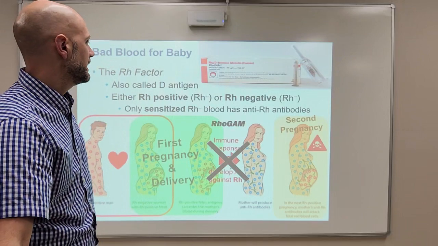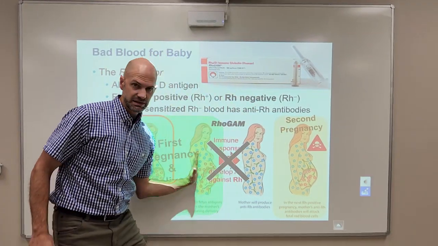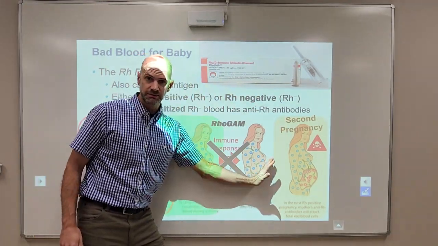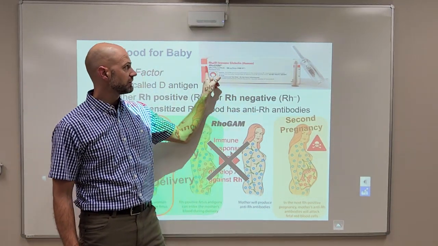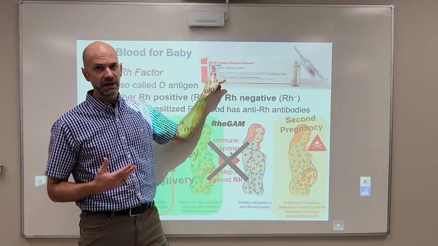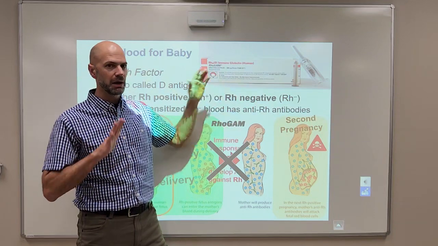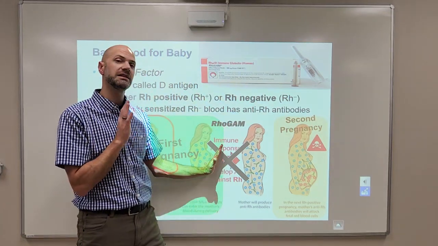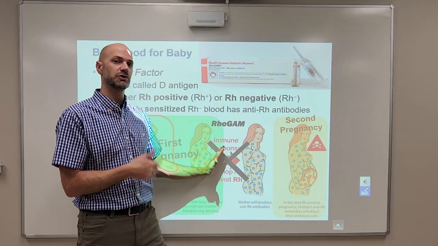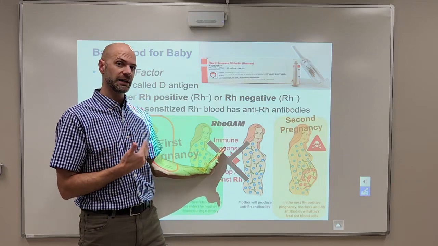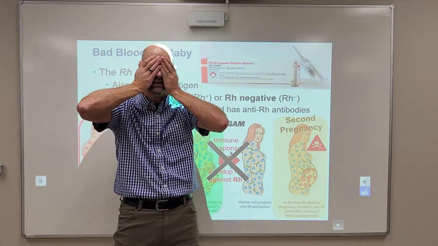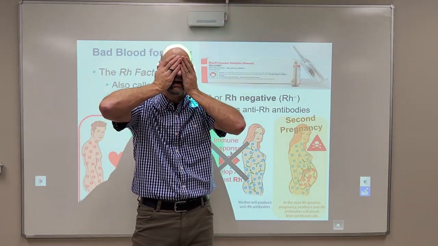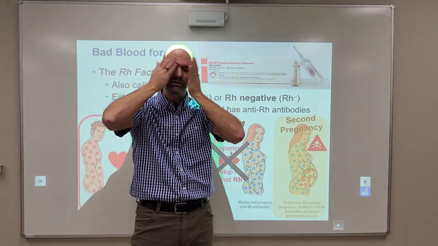However, if we stop this initial exposure of the first pregnancy, we can use a treatment called RhoGAM. Okay, RhoGAM is a method of blocking mommy's immune system from exposure to that RH factor. RhoGAM can block and really shield or cover the eyes of your immune system, and the immune system is blind to RH factor.